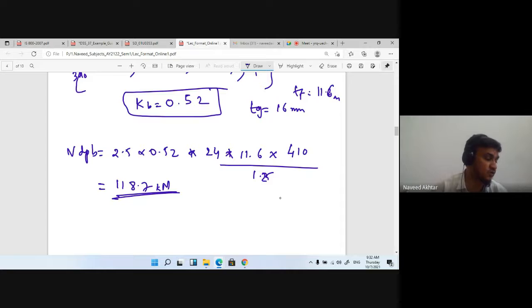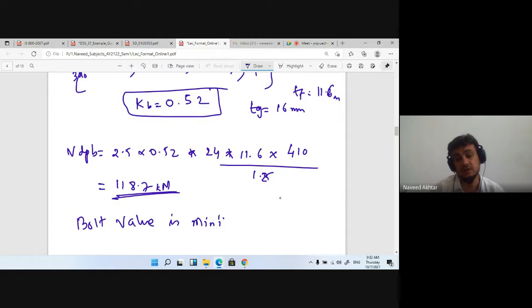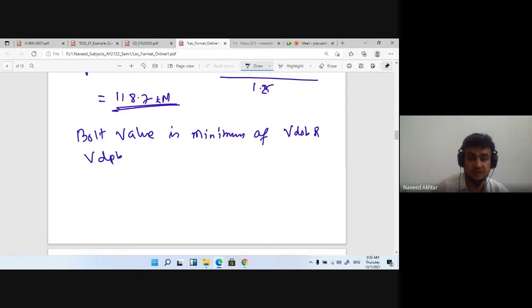So what is the bolt value? Bolt value is the minimum of VDSB and VDPB, where VDSB is the minimum, so the bolt value is equal to 65.2 kilonewton.